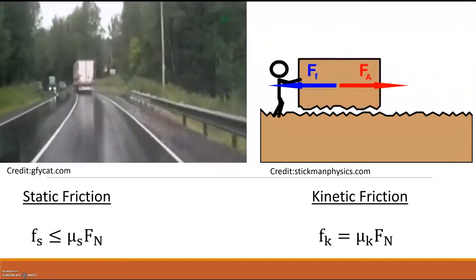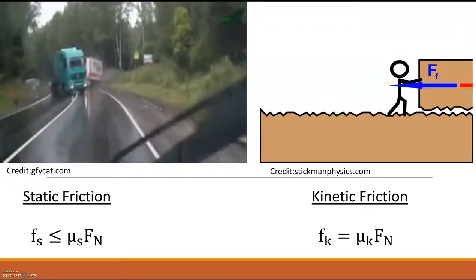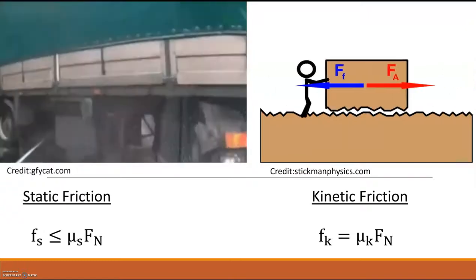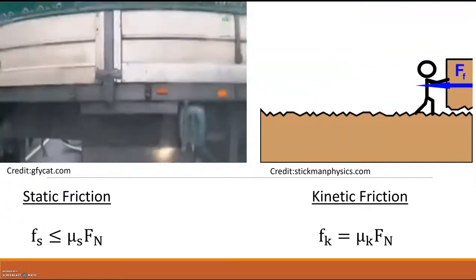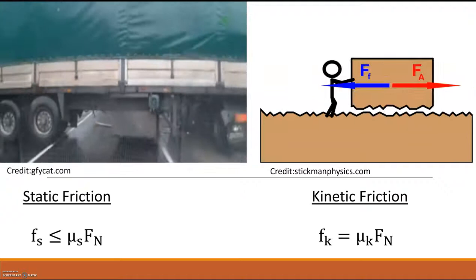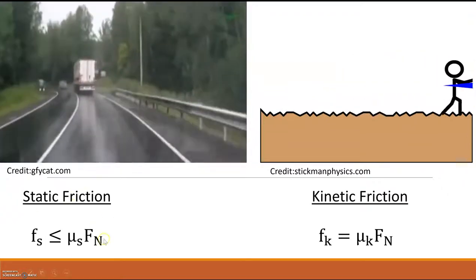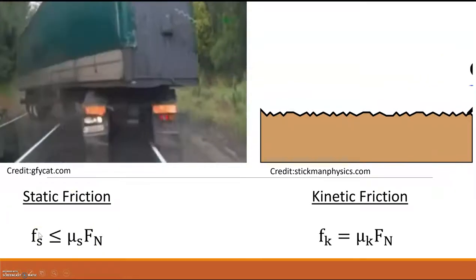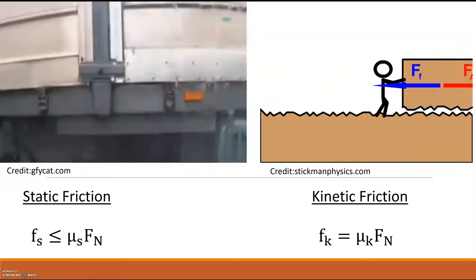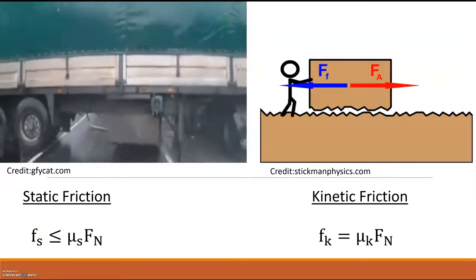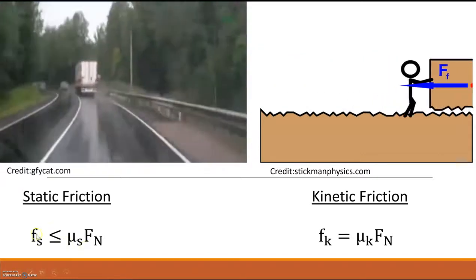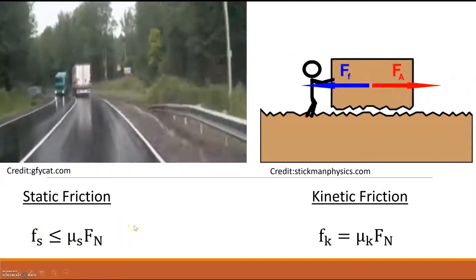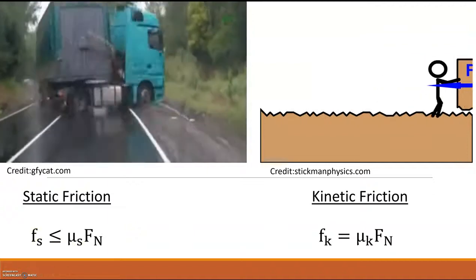That force is the force of static friction between the couch's legs and the carpet floor. That static friction can increase up until a certain point where your applied force overcomes the static frictional force. So the static frictional force can be anything up to some maximum value.